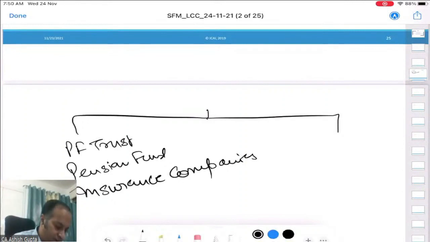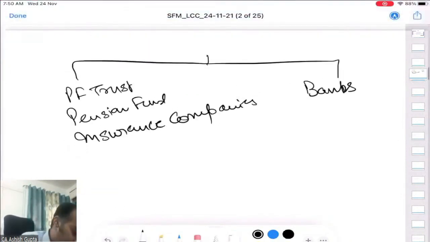On the other hand, there are banks. Now see, students, there are different views of each of the investors.